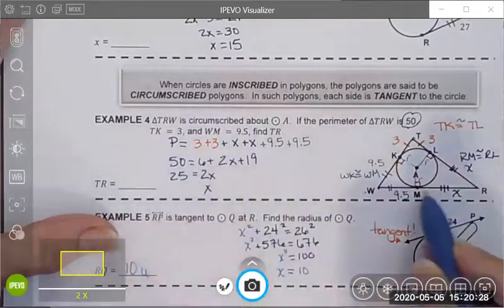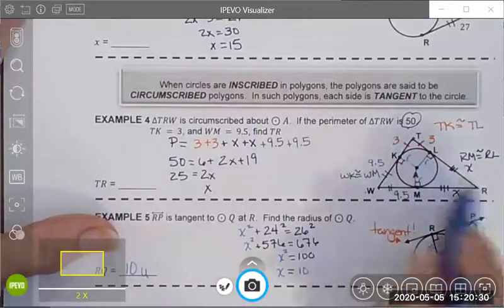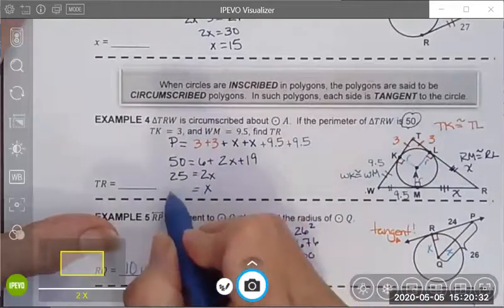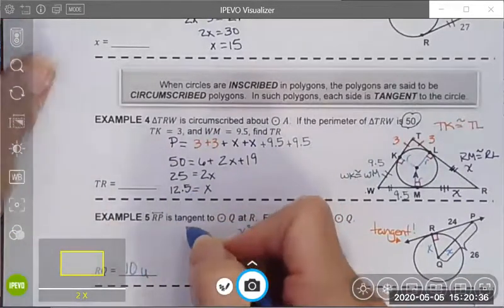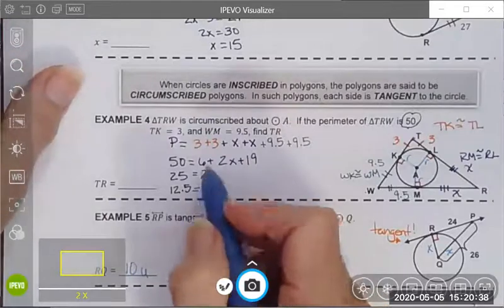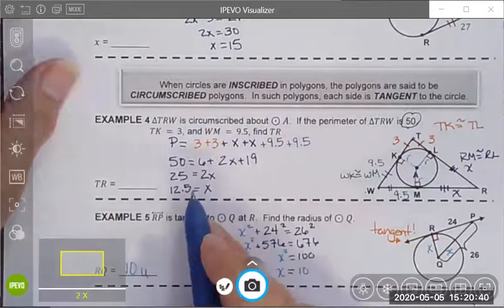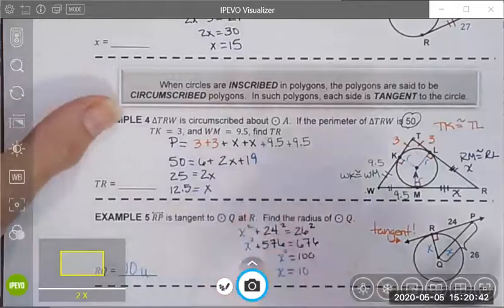So therefore, the segment from L to R is going to be 12.5 or 25 over 2, however that works for you. That's not what they were asking us for, though. They were asking us for TR.